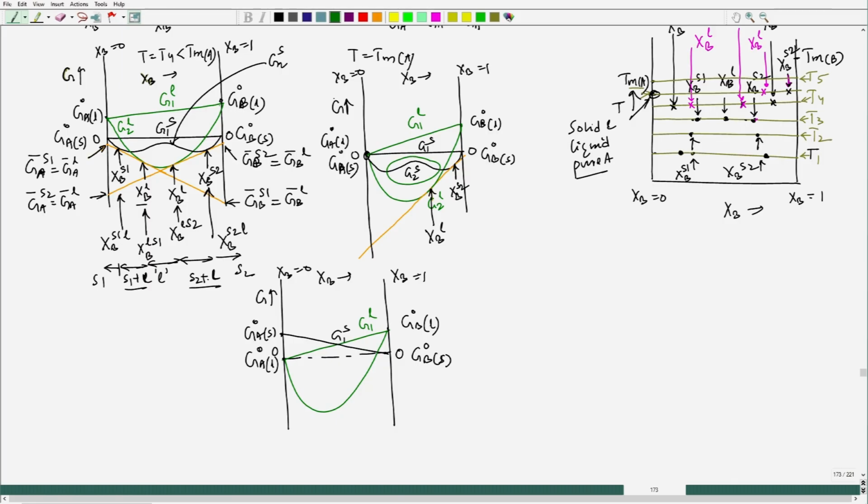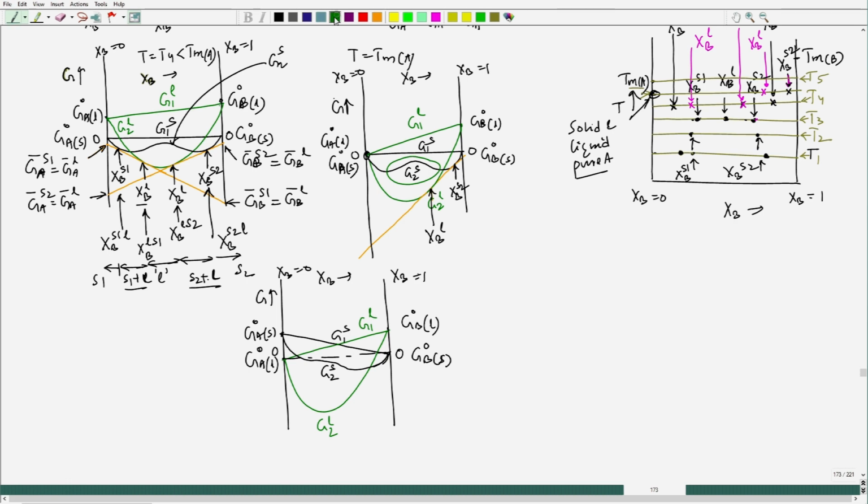You refer to the earlier discussion. So, this one would be G2 of liquid, and G2 of solid would be this.